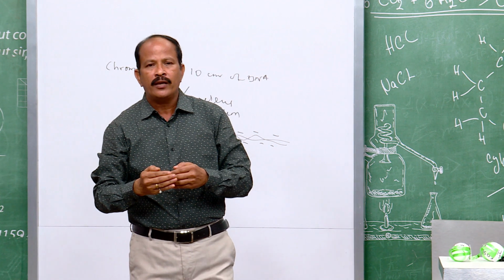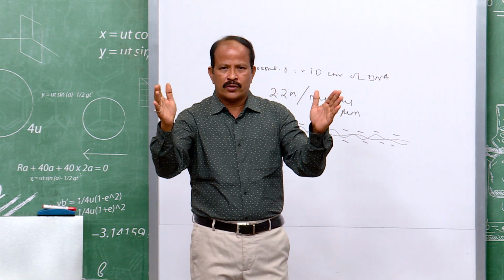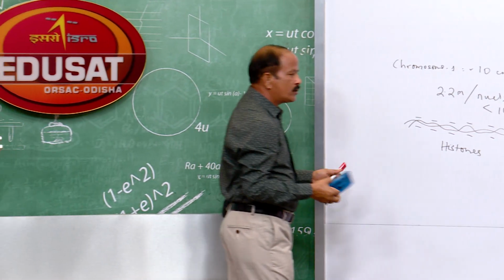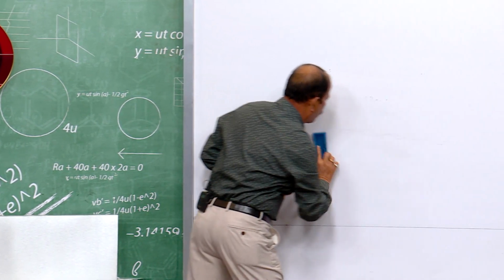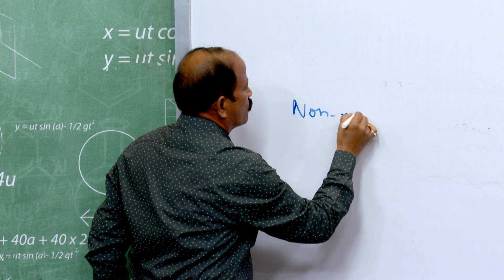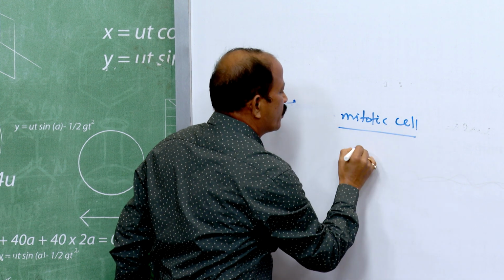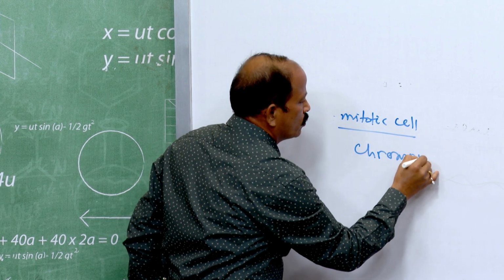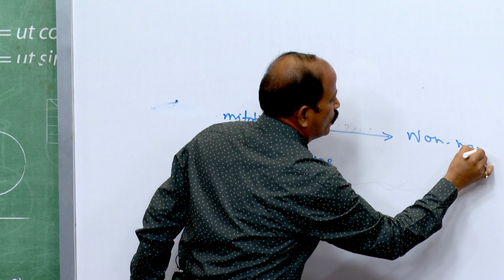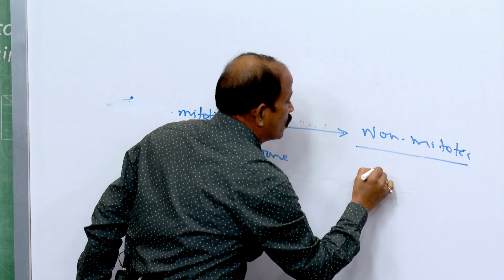Now, in the cell there are two terms: chromosomes and chromatin. Where are chromosomes present? Chromosomes are present in mitotic cells, sorry, not non-mitotic. That means a dividing cell has chromosomes, but in a non-mitotic cell, that means a cell which does not divide, that is in interphase, the chromosome remains as chromatin.